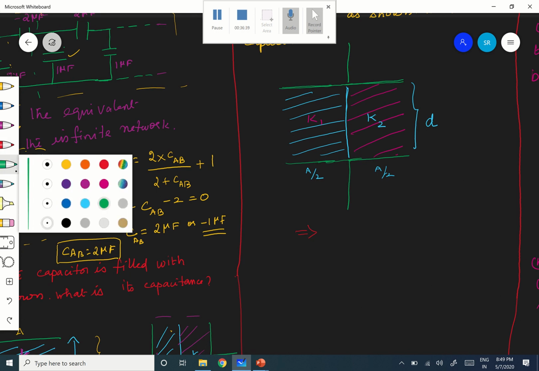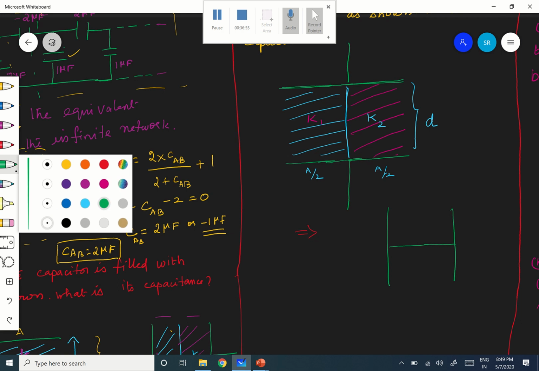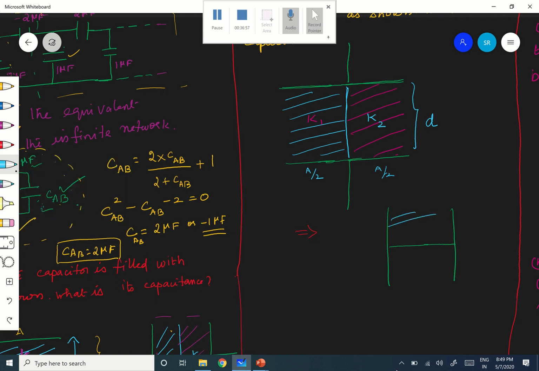You can take this one as green, and the other one is pink here. Therefore here D is the same.